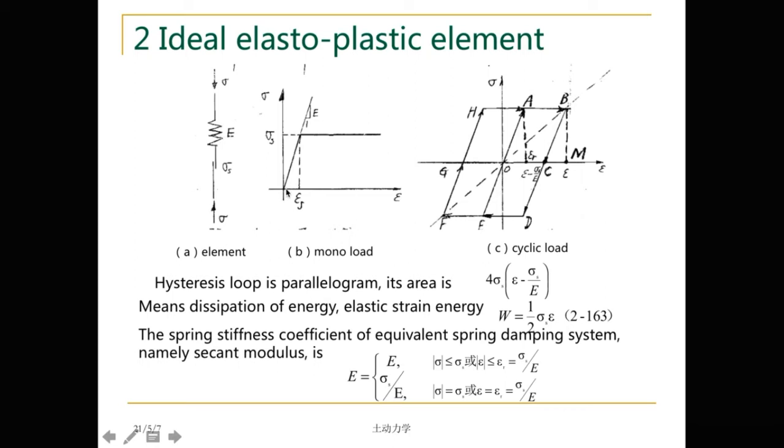Then in the beginning, the strain will increase linearly due to the spring. At last, the load reaches the strength of the Coulomb body. Then it is unlocked, and the strain develops continuously in the Coulomb body.